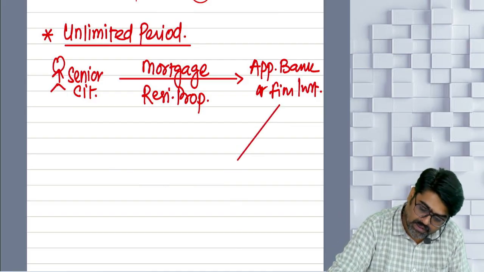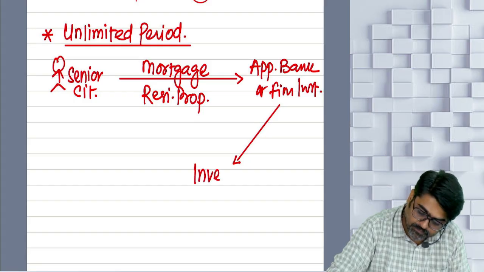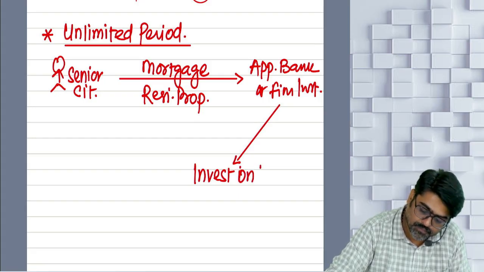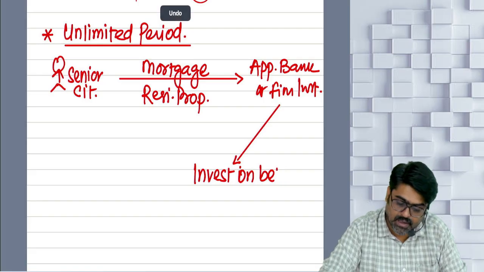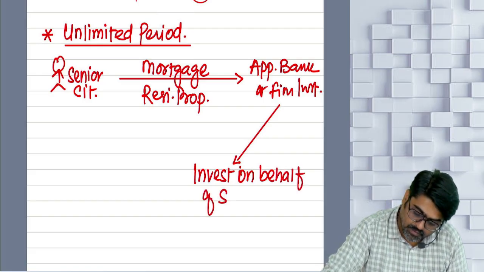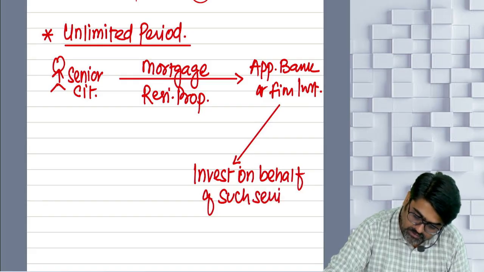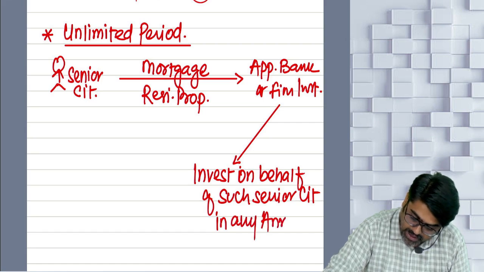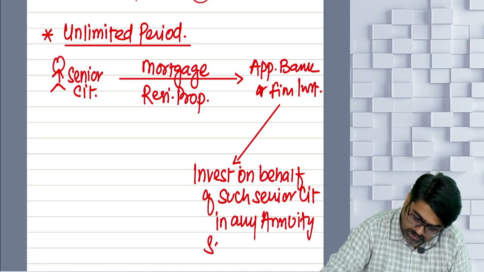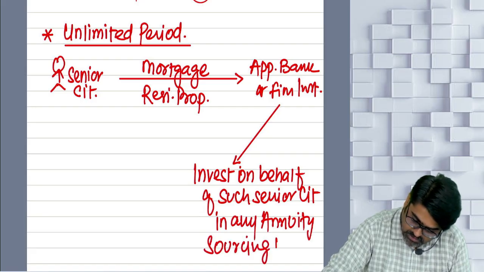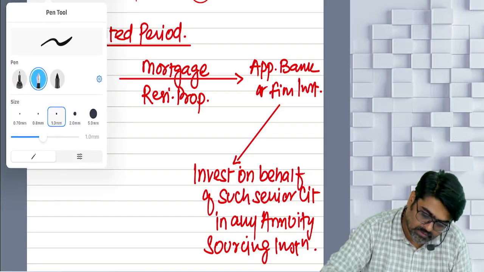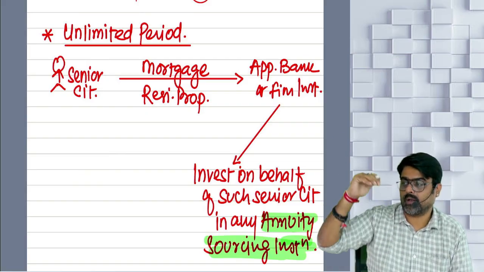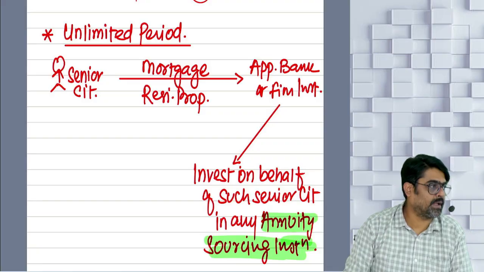What the bank or financial institution will do is invest on behalf of such senior citizen in any annuity sourcing institution. What did I say? In any annuity sourcing institution. Now this annuity sourcing institution can be any mutual fund or any insurance company, yes or no?